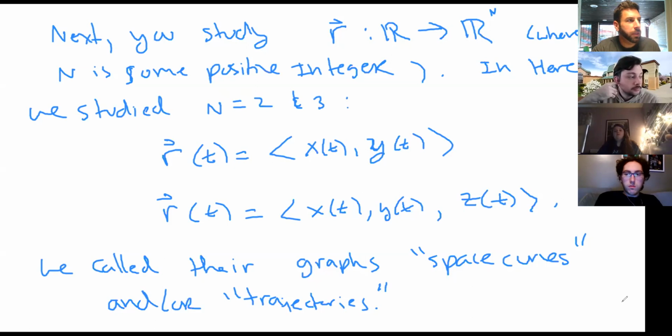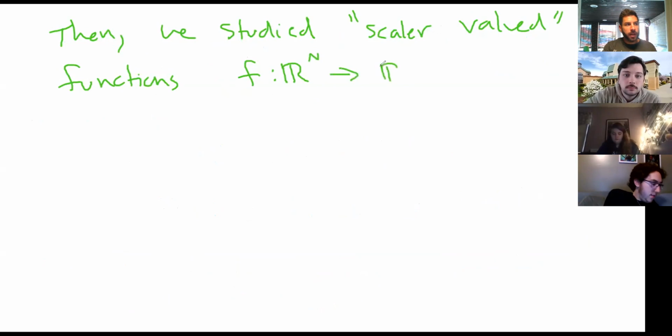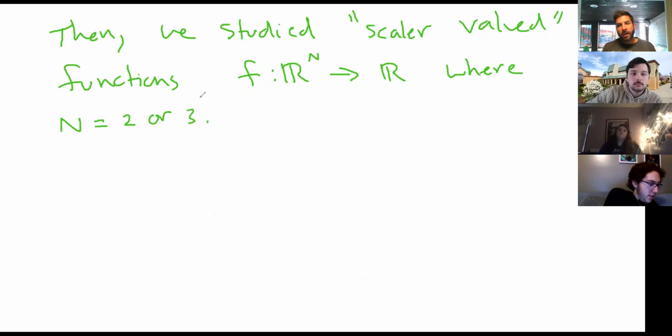Okay, so what we did next is we studied functions that were scalar valued. That means you input a vector into it and it spits out a number. And once again, what do we care about in this class? We cared about the case where n was 2 or 3. But of course, you could generalize it to any number of cases. So what were some examples?